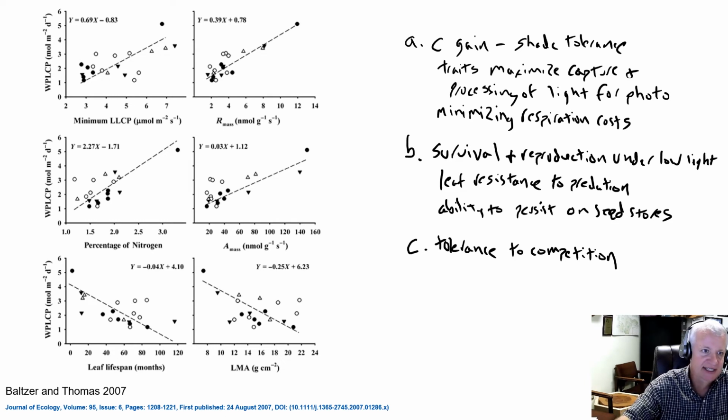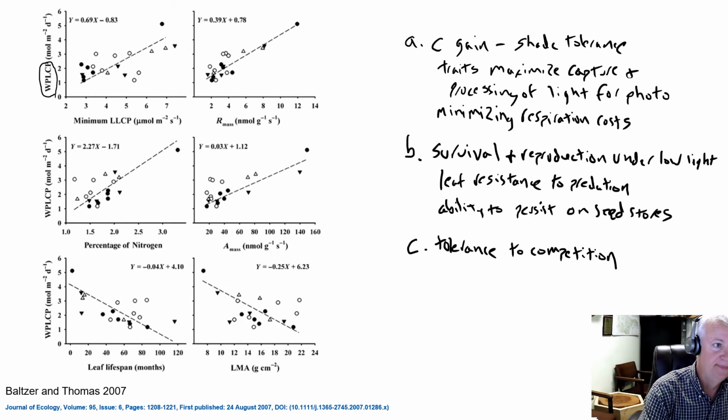This is an interesting study that looked at a number of tropical species, and the y-axis here is whole plant light compensation point. That's what that WPLCP means, whole plant light compensation point, in moles of photosynthetically active radiation per meter squared per day. So that's a daily sum of radiation.